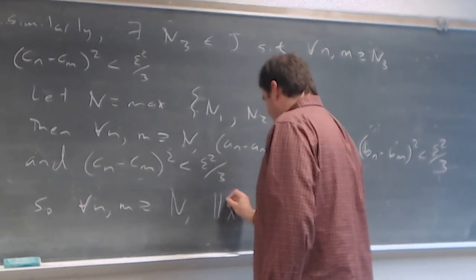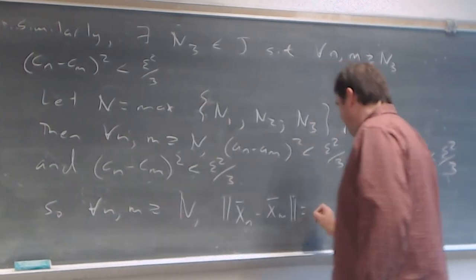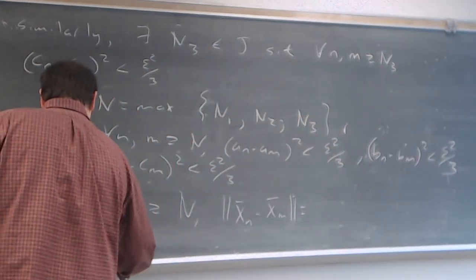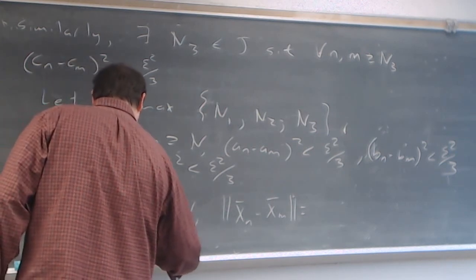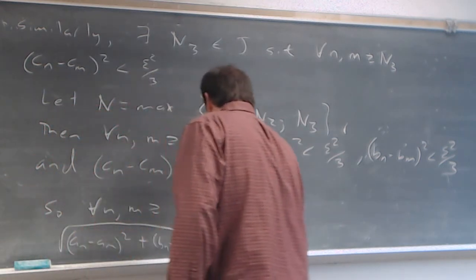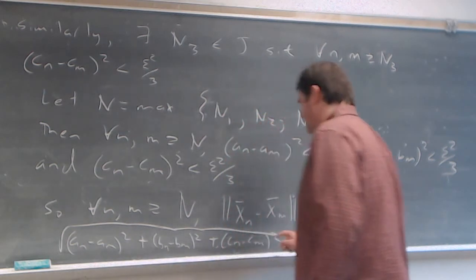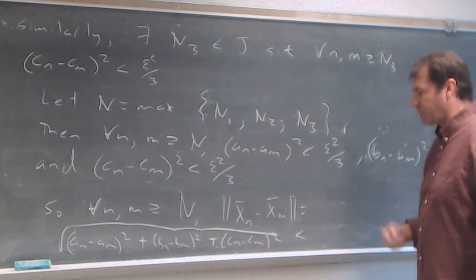the norm, that's what I was working with, the norm of x of n minus x of m, which we know is equal to the square root of a sub n minus a sub m squared, plus b sub n minus b sub m squared, plus c sub n minus c sub m squared. It's going to be less than, I'm going to replace each one of the squared terms with something that's bigger.